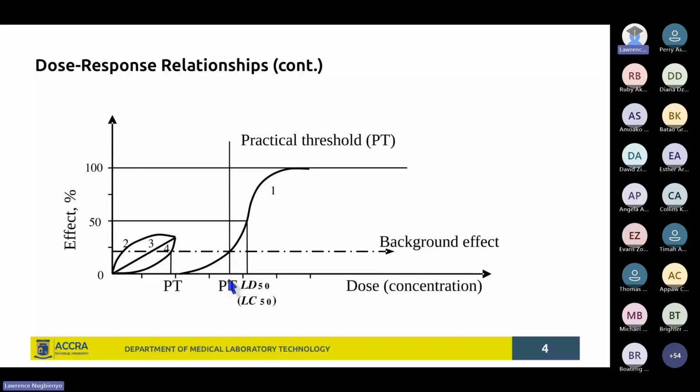So you have to understand that any substance that you are taking in, it depends on the dosage that is being taken. That substance can either be therapeutic or it can become toxic.